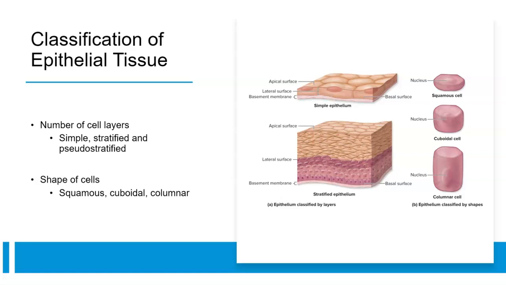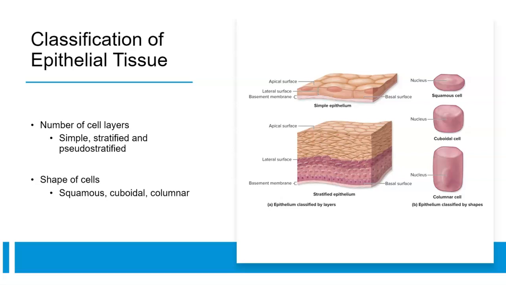So you can think of this sort of like a brick wall. Only the bottom layer of bricks is going to touch the ground, right? So think of the ground as the basement membrane, and only the bricks on the very top would be the free surface, not attached to anything.